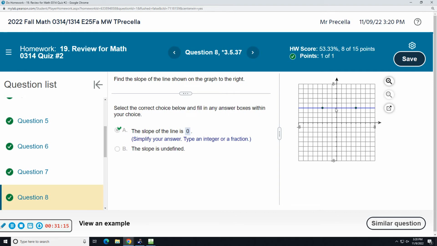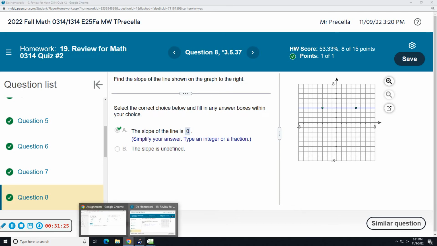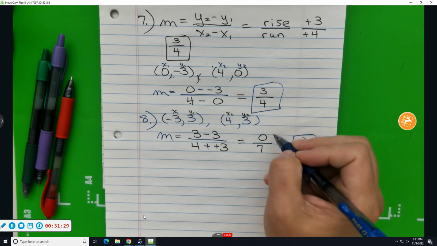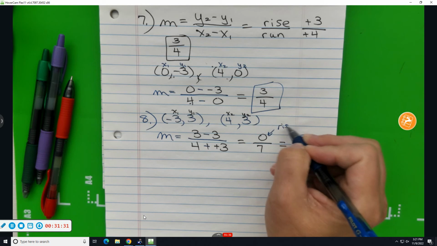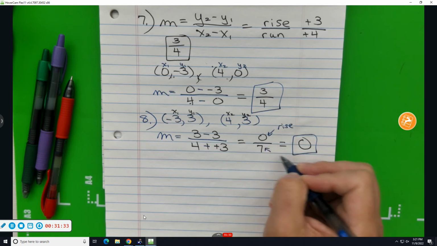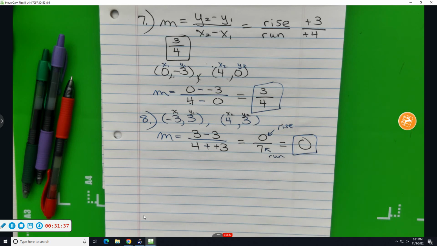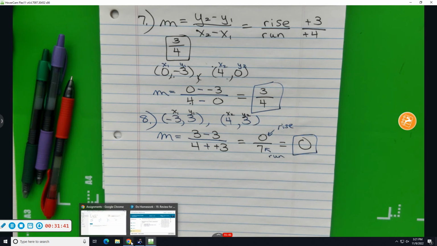Moving in the positive direction, you would have had to move 7 units. Rise of 0, run was 7. So if you wanted to use rise over run, you would have still gotten a 0 for the slope. Any questions there?